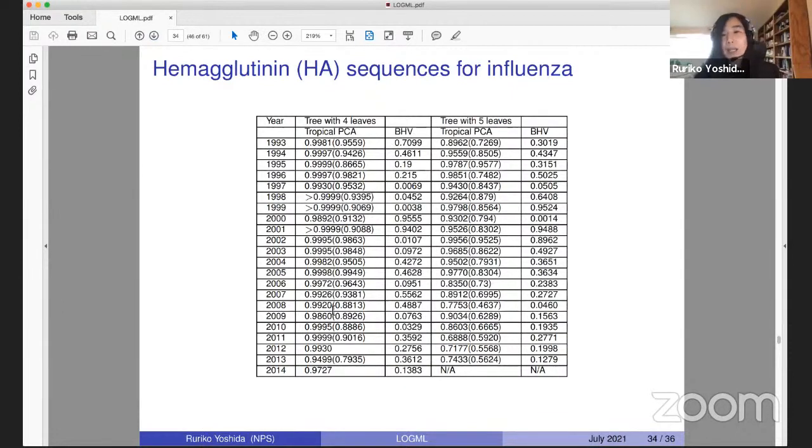And we calculated the variance explained. Those numbers are between 0 and 1, and the closer to 1, the better. So it is super close. This is fairly good. BHV really didn't do so well. Sometimes they did really well, but mostly tropical PCA had the better performance. I think in all of them we have the better performance.